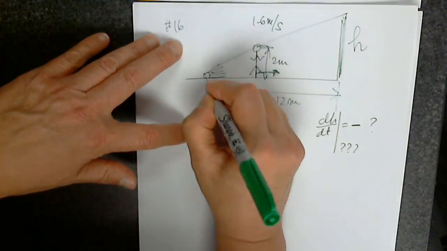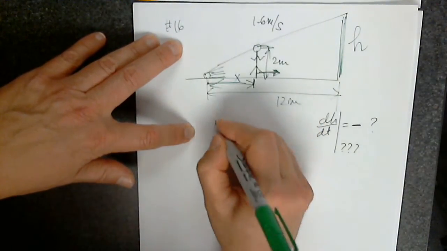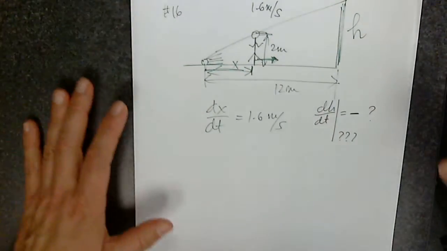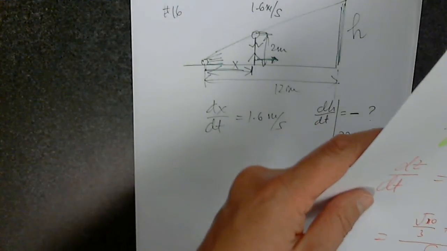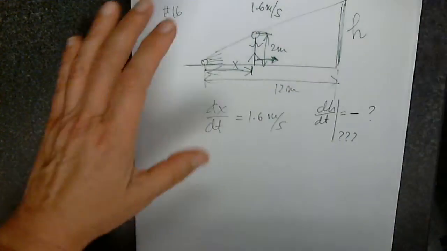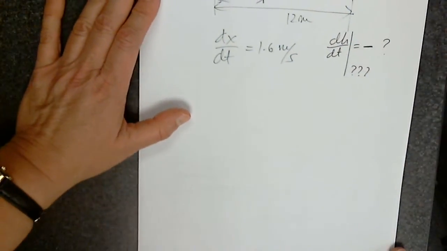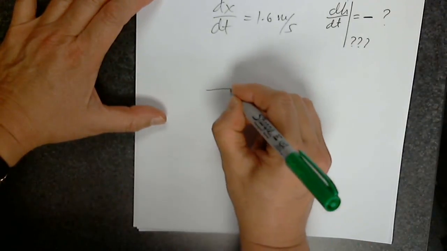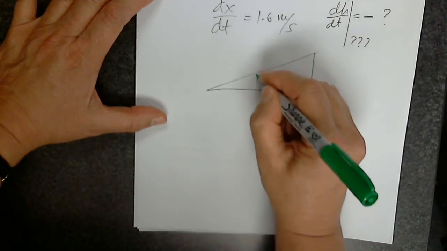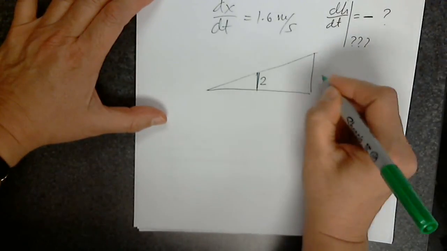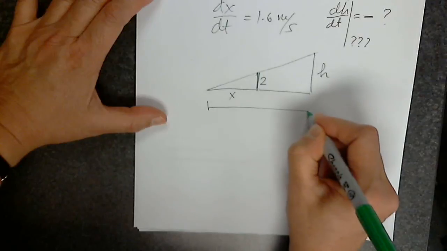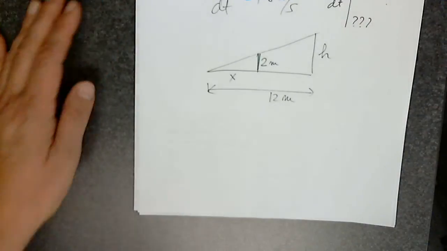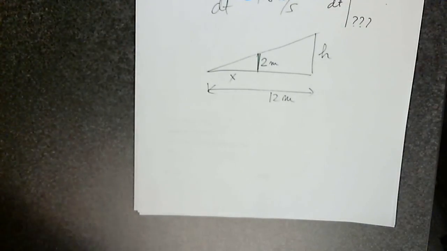So this is x, and dx over dt is 1.6 meters per second. Good. So now we know something, and this is your hint. What am I getting at? And how are they called?